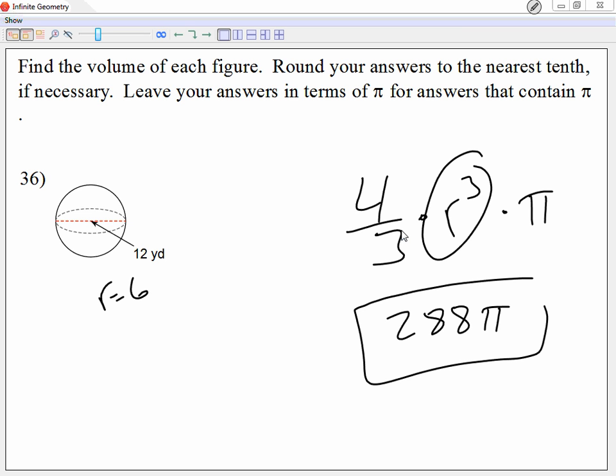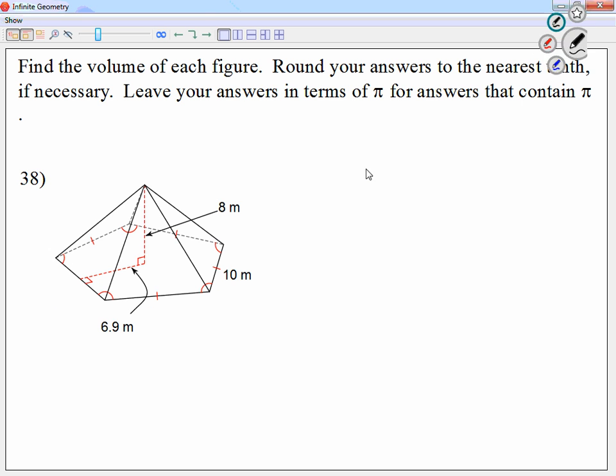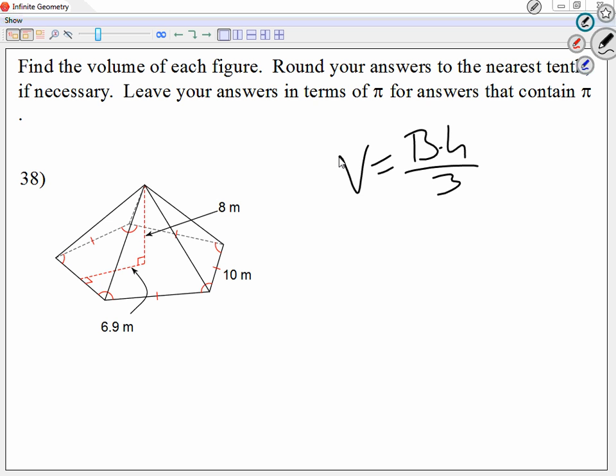Okay, let's take a look at number 38. Now, volume is the area of the base times height divided by 3. So the base is a pentagon. We can see our pentagon there. So I know for the area of a pentagon, I go 1/2 times 6.9 times 50. 1/2 times apothem times perimeter. Once again, 1/2 a p.